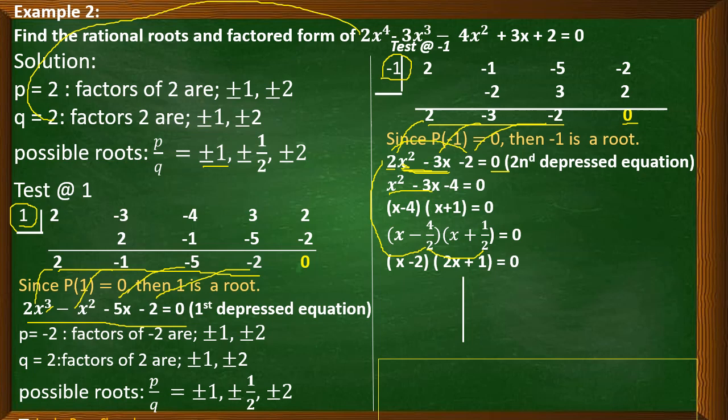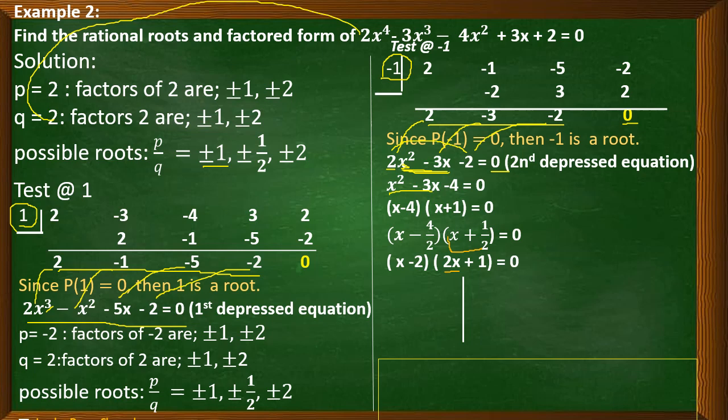x plus 1/2. So what shall we do with this? Okay, we have to transfer 2 in front of the variable x. That's why we have here 2x. Why do we have it in front of the variable x?